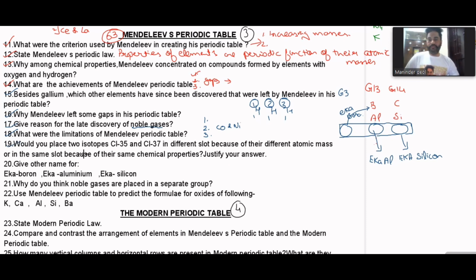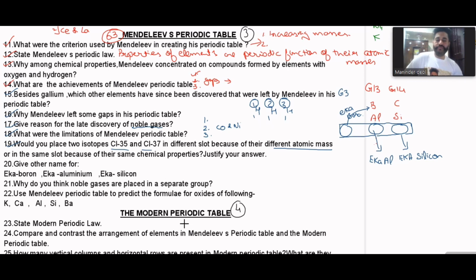19th, would you place isotopes in the same slot or in different slots according to different atomic mass? Justify your answer also. This question is not based on the Mendeleev periodic table, because it is not mentioned in the question. So we'll answer according to the latest theory, that is the modern periodic table. In the modern periodic table every isotope gets the same position.